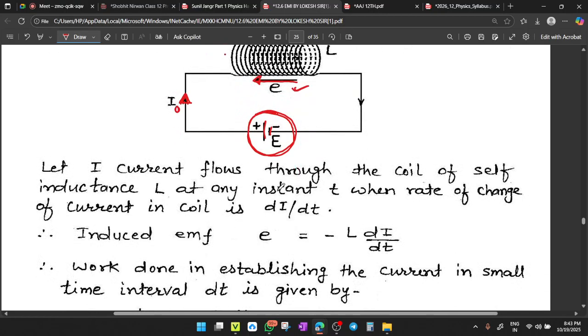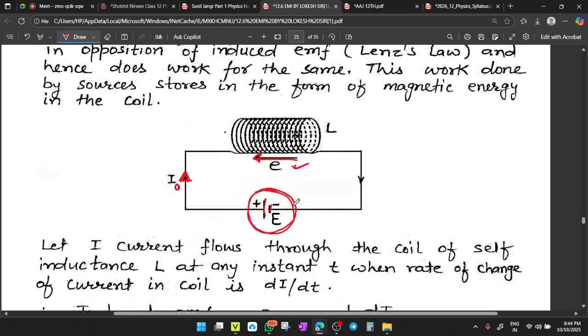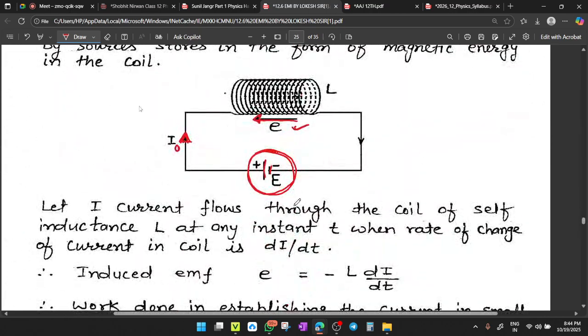Let current I flow through the coil of self-inductance L at any instant t, when the rate of change of current in the coil is di by dt. Suppose there is a random, variable current I. We have started with the current I.